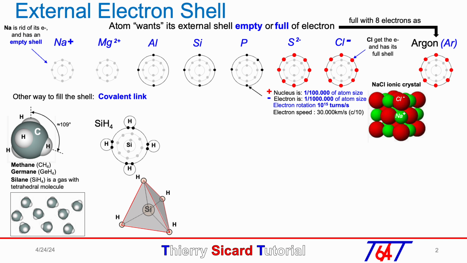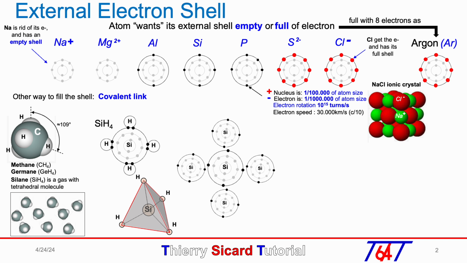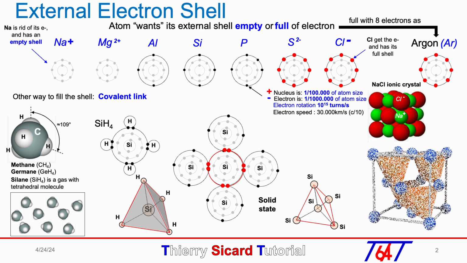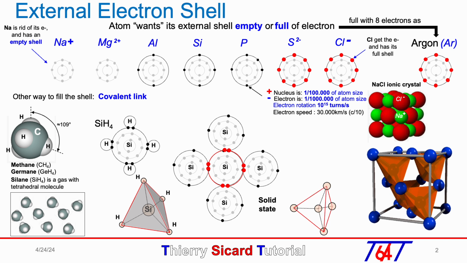Of course, the 4 hydrogens can be replaced by other silicon atoms to build a tetrahedral structure with silicon atoms. The silicon crystal, as germanium or diamond, is a face-centered cubic type crystal.